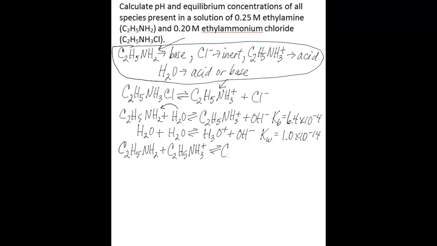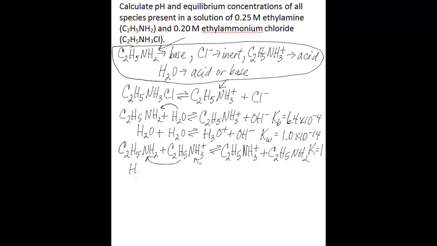You have the ethyl ammonium cation present because that is what is left over when the second reactant transfers a proton to the first reactant. And what's left over of the second reactant when it has transferred that proton is ethylamine. Because the reactants and products in this reaction are the same, it has a K value of 1.